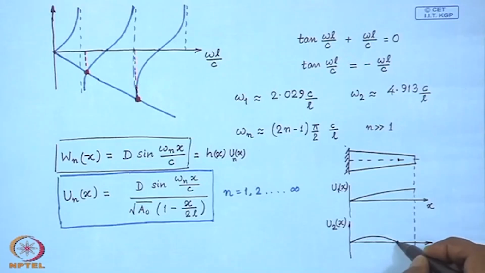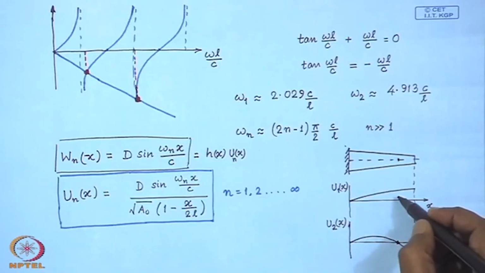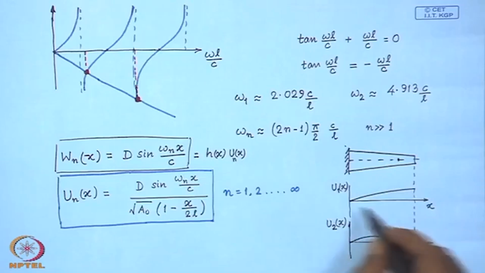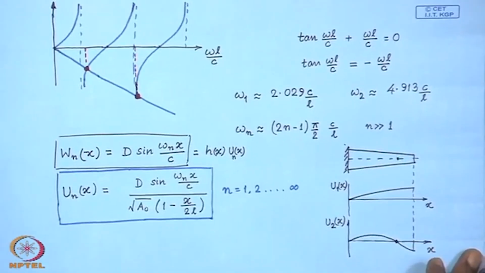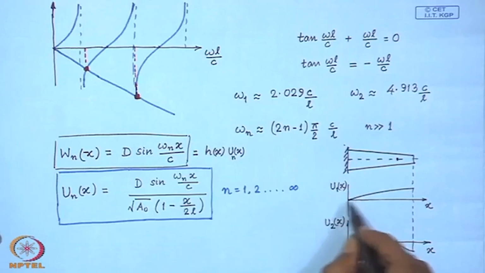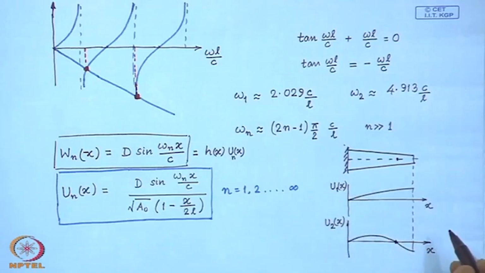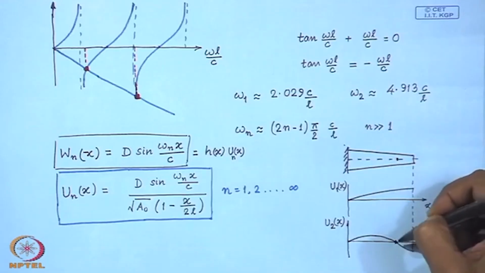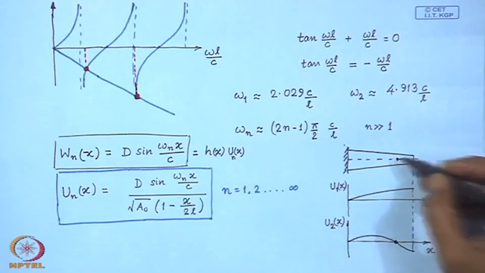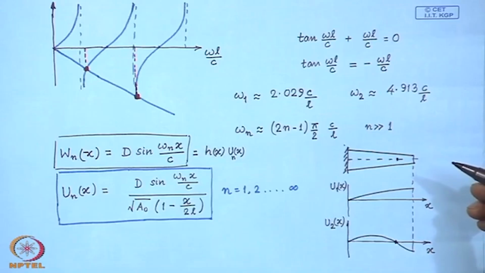There is one node in the second mode and no node in the fundamental mode, for the eigenfunction u1. So, this node, as we discussed in the previous lecture, is the point on the bar which remains stationary at all times.